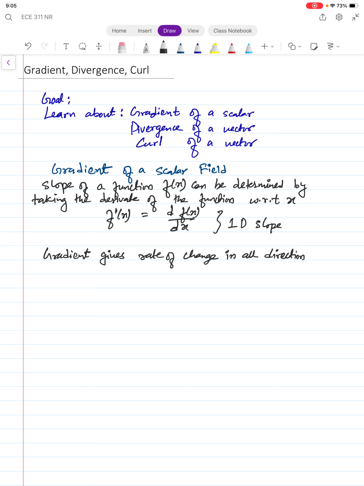This slope over here gave you the rate of change in x direction. However, when you talk about gradient, it gives you rate of change in all possible directions. If your vector has three dimensions, then your gradient will give you rate of change in all three directions, x, y, and z. If your vector is two-dimensional, your gradient will also be two-dimensional.